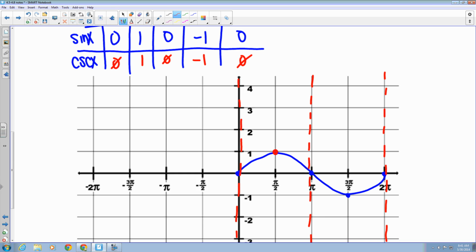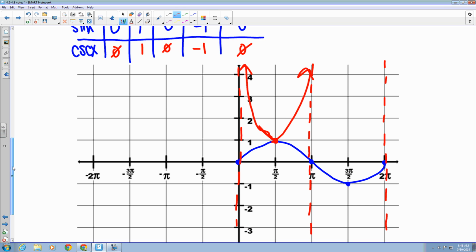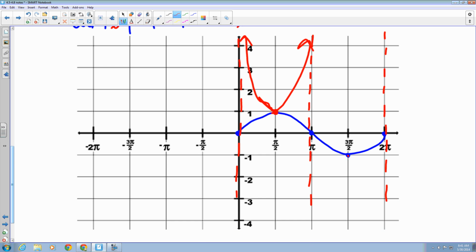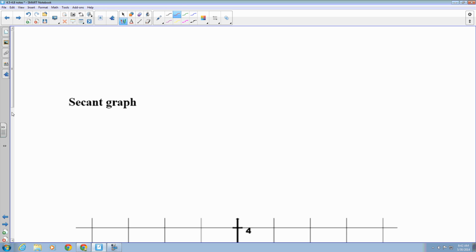They will touch. So at this point 1, that's now going to be the minimum for what looks like a parabola. I mean, kind of. And then same thing at 3 pi over 2, it will look like a parabola, but it's not going to cross the graph. It's going to go the opposite direction. So it'll be an upside down parabola. Okay, so that's what this cosecant graph looks like.